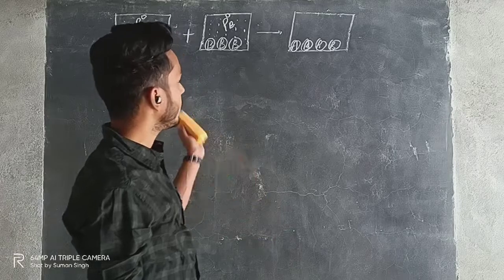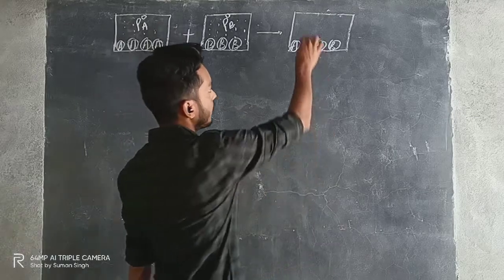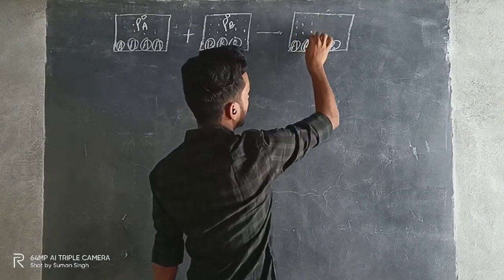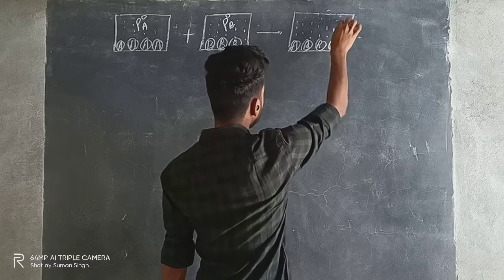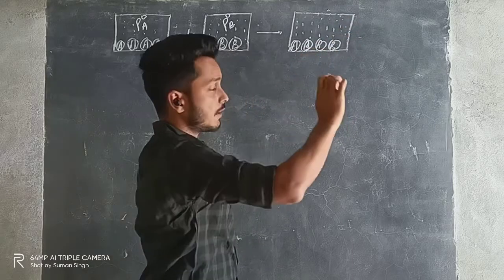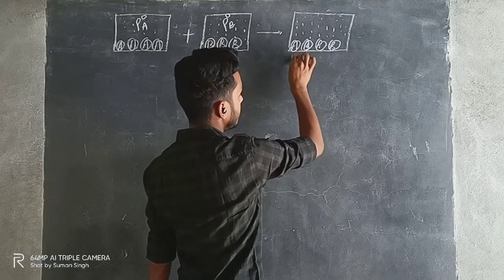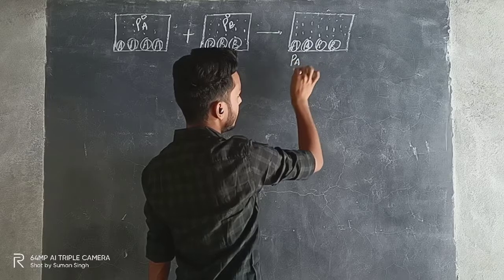When we mix these two, if you want to find the pressure of A, we denote it with PA, and PB.